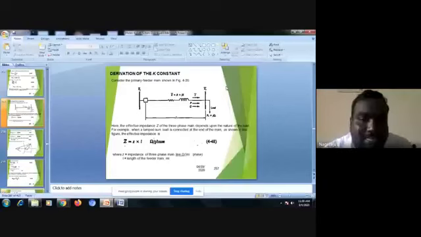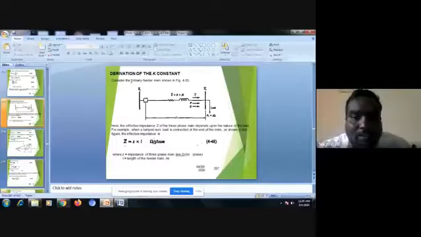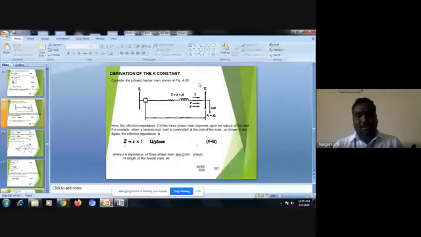At the sending end, I am taking the sending end voltage Vs bar, and at the receiving end, Vr bar. I have Z bar, which is the impedance of that particular transmission line. Z bar is equal to R plus jX.